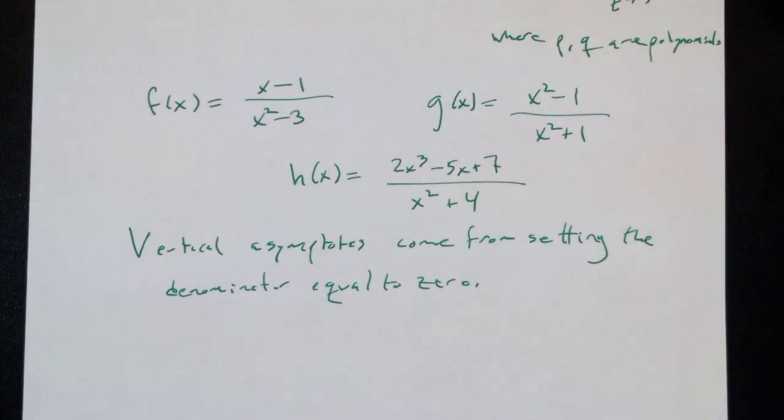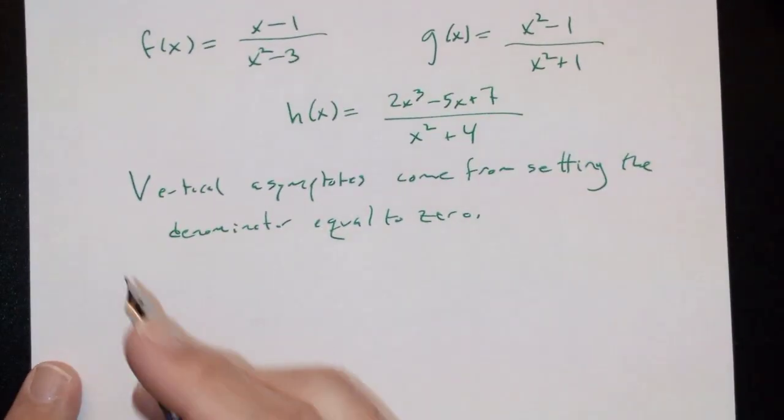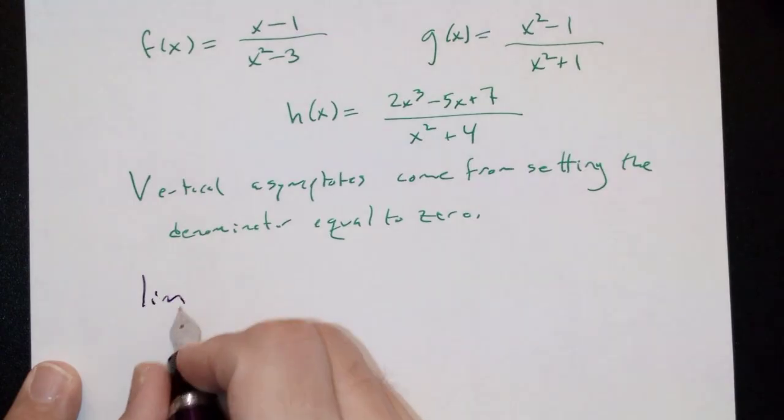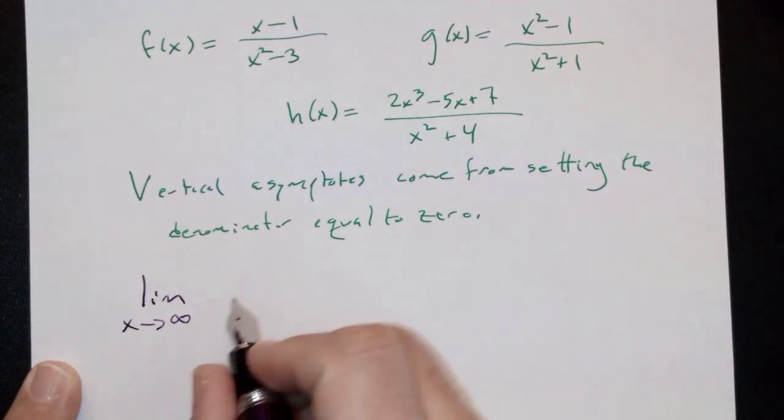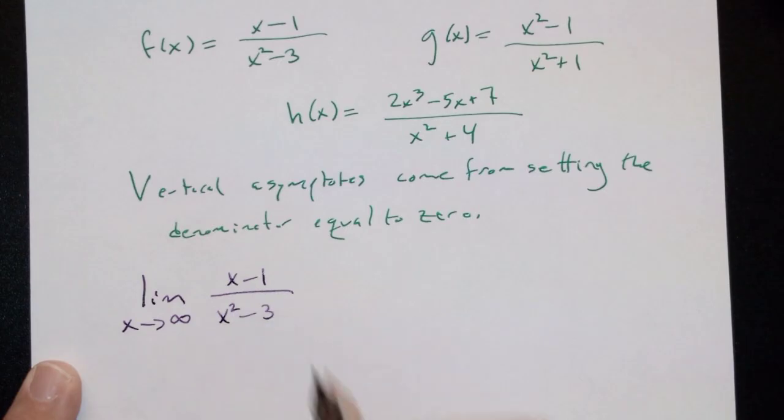If I want to find the horizontal asymptote, I want to take the limit as we go off to infinity. So really, if I want to know where this has a horizontal asymptote, I want to compute this limit. Now, for the moment, I'm going to make this claim.